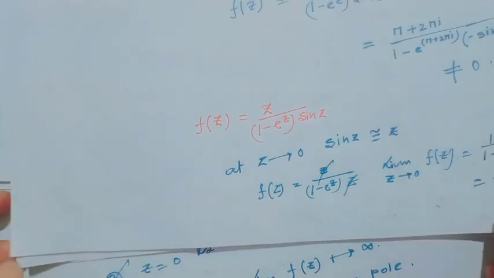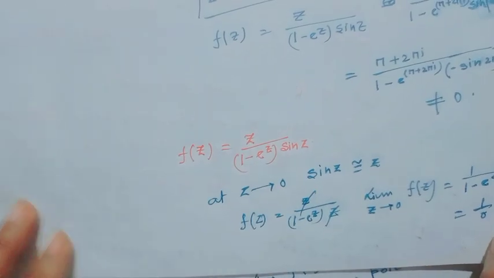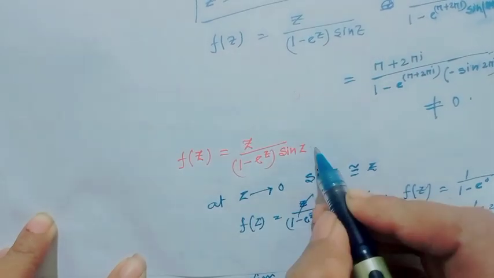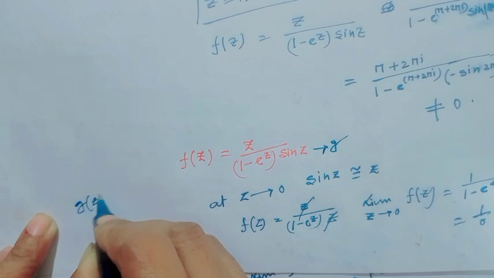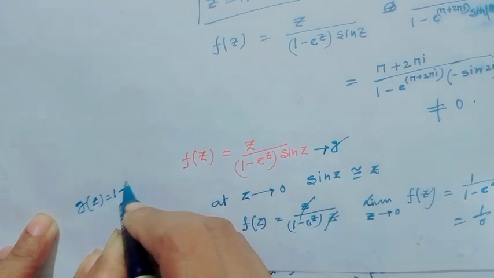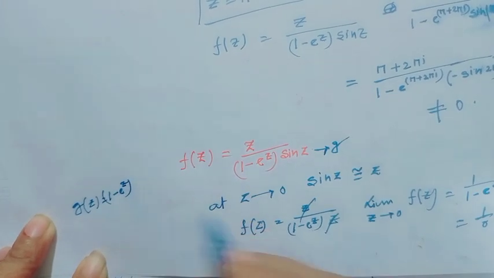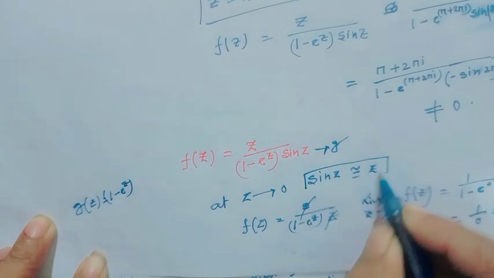Now we have to find, is this pole a simple pole? Consider this function as g. g(z) equal to 1 minus e to the power z, since as z tends to 0, sin z is equivalent to z.